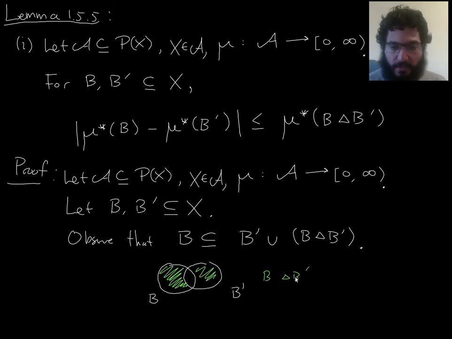And then if I union that with B prime, you get everything, right? So union the green and the blue, and you get everything. So I guess you could say we have it because we have this.